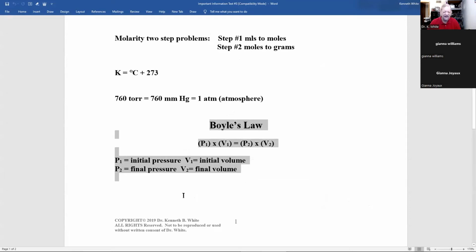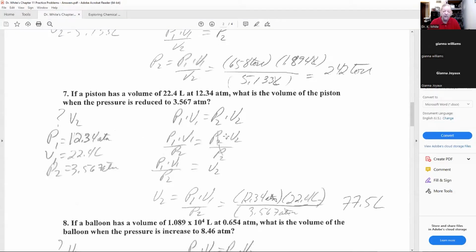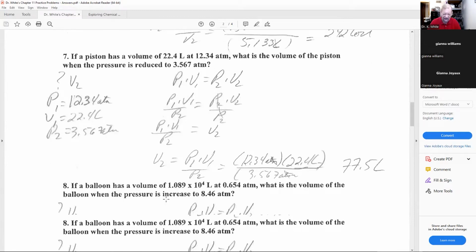And if we go back, we want to solve for the volume. We want it alone on one side. How do we get rid of P2? Divide by it. Whatever you do to one side, you have to do the other. Anything divided by itself is 1 times V2 is V2. So you have P1 V1 divided by P2 equals V2. I like to rewrite it.